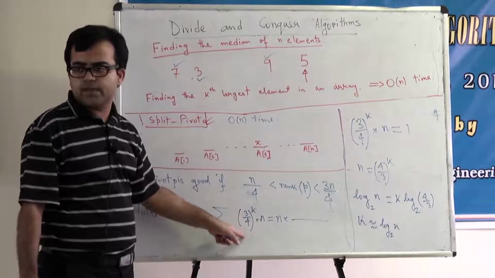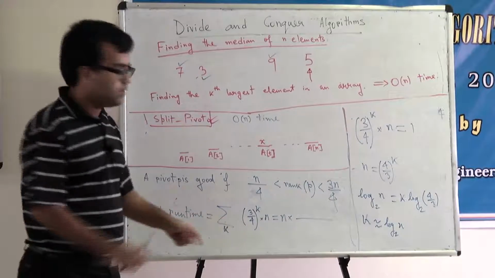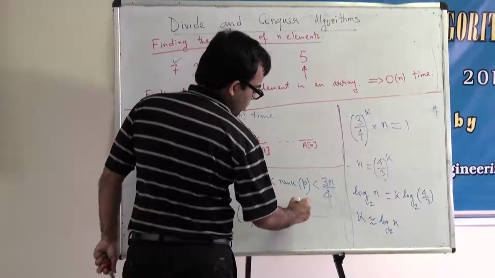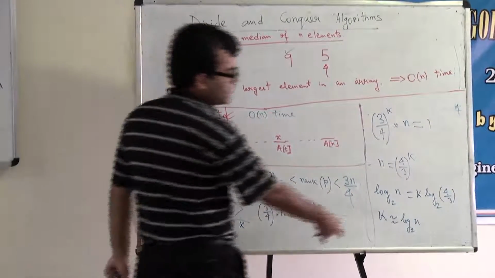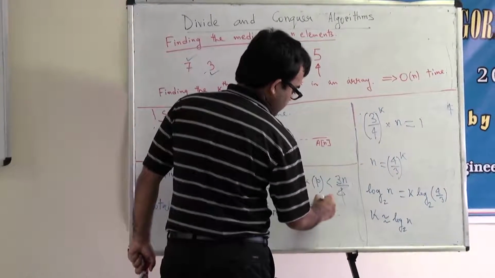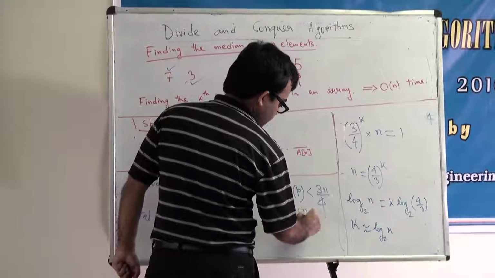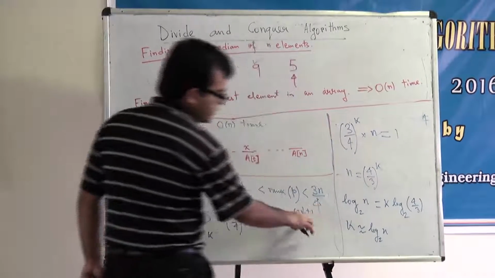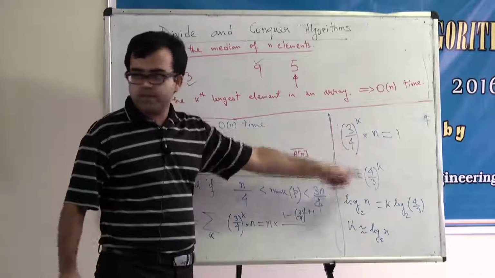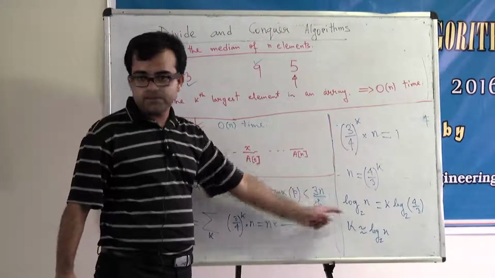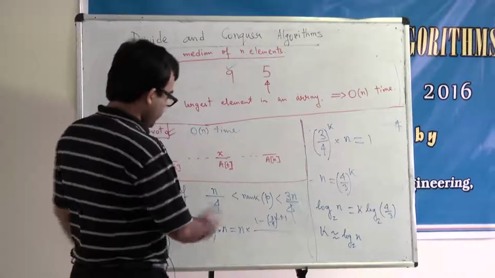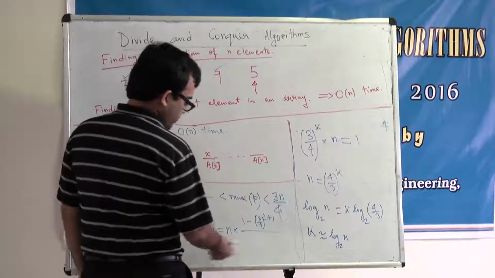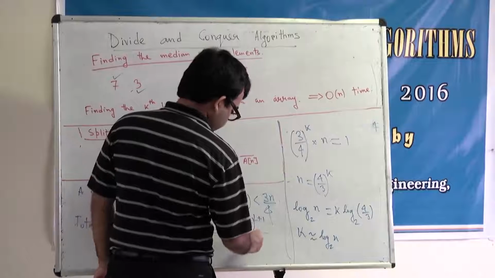The first term is 1. What is the last term? The last term is 3 over 4 to the power of the number of levels, plus 1 probably. L is just a shorthand for the number of levels. So this is the first term minus the term after the last term, divided by 1 minus the common ratio.